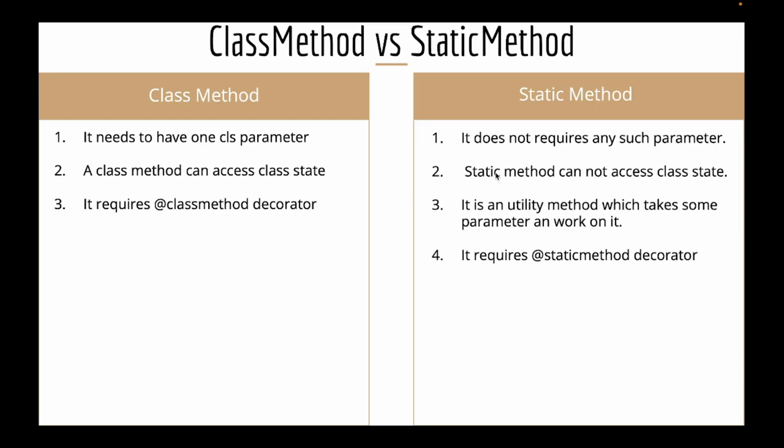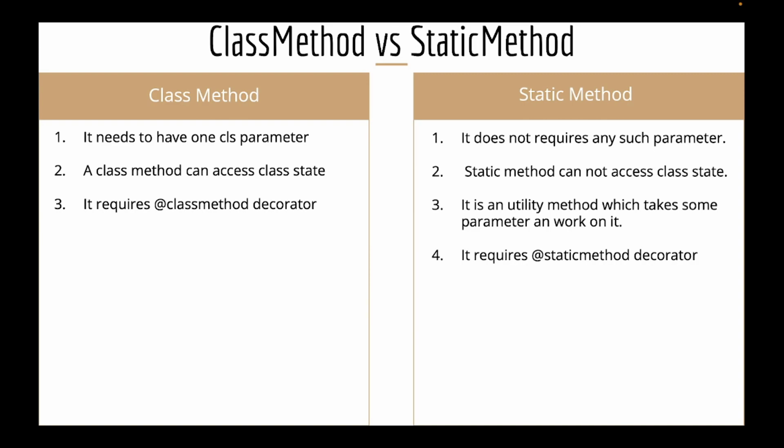This is a kind of overview, and I hope this will make much more sense when we discuss it in the last. But anyway, the class method requires one class parameter and a static method doesn't. Just keep this in mind.